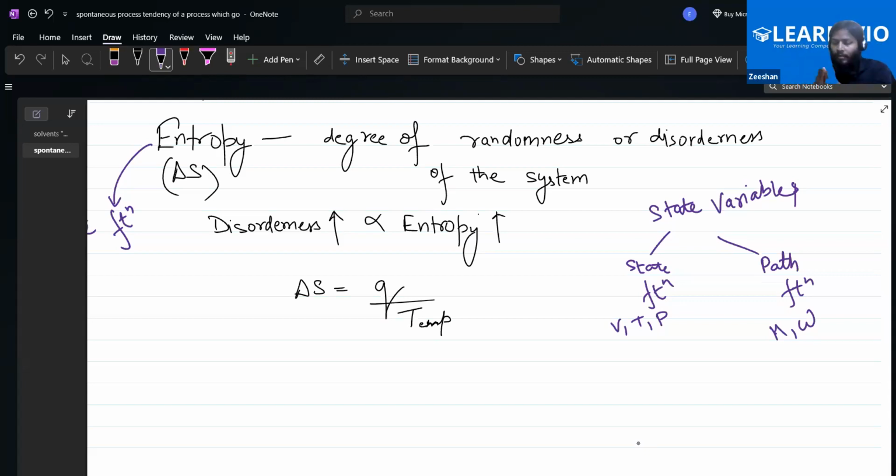There is a certain time, like 5 seconds, 10 seconds, 10 minutes, over which you have worked. But with respect to volume, temperature, and pressure, you can say that at exactly this moment, this is the volume of the container, this is the temperature of the container, this is the pressure of the container, this is the internal energy of the container.